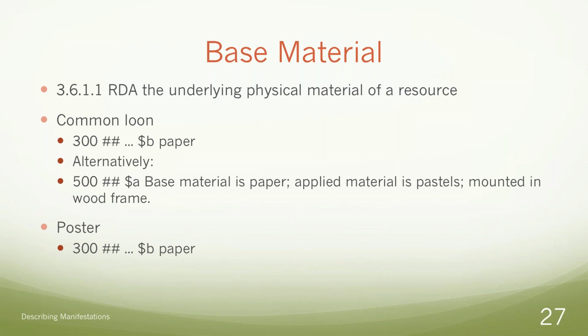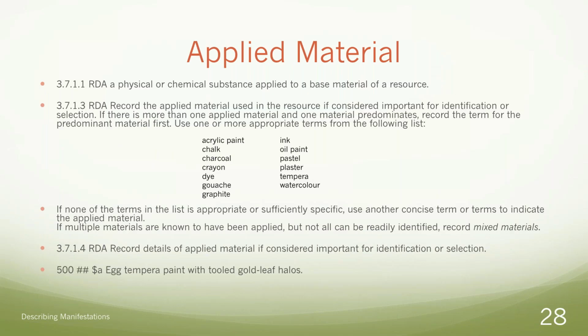So your base material, whatever it might be, paper, canvas for the painting, that type of thing, just use a term that works for that as your base material. Your applied material, so this is what you see applied to that base material. So we know that the common loon is a pastel.